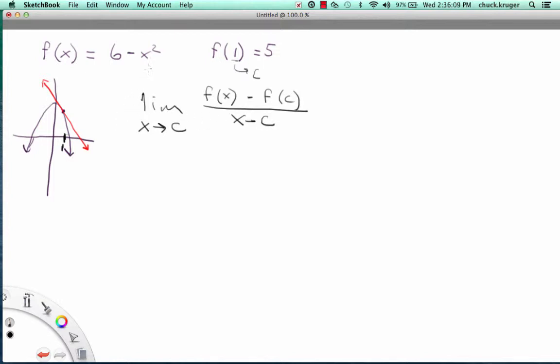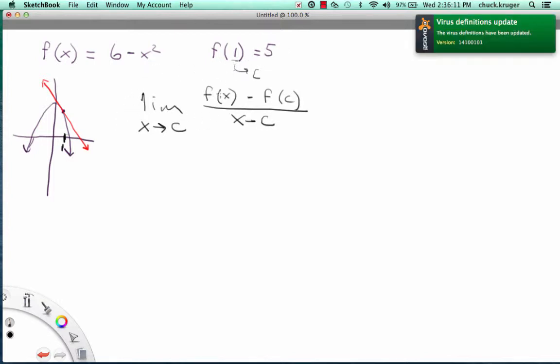And again, I use this one when I'm given a particular point. So I'm going to rewrite the limit as x approaches 1. Now f of x is 6 minus x squared minus f of 1, which I know is 5, over x minus 1.